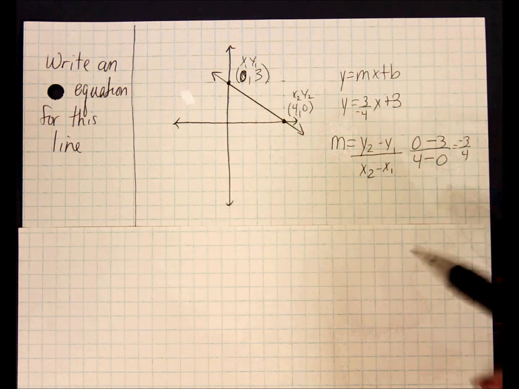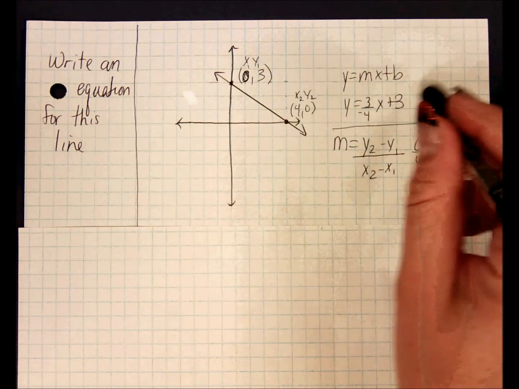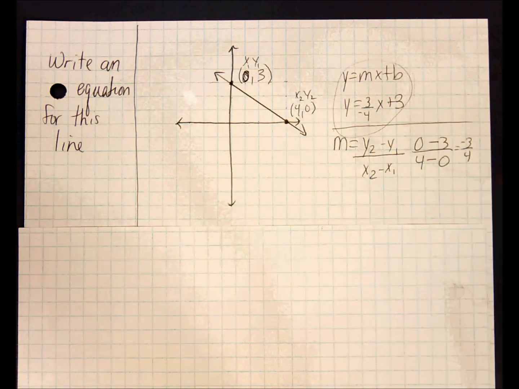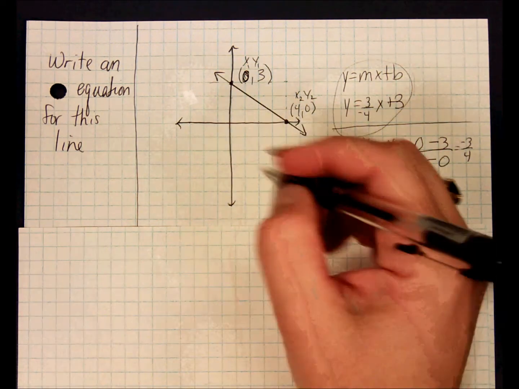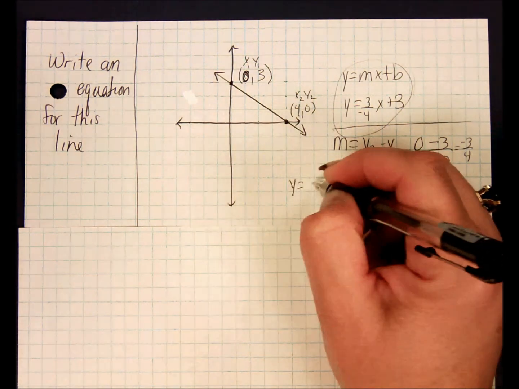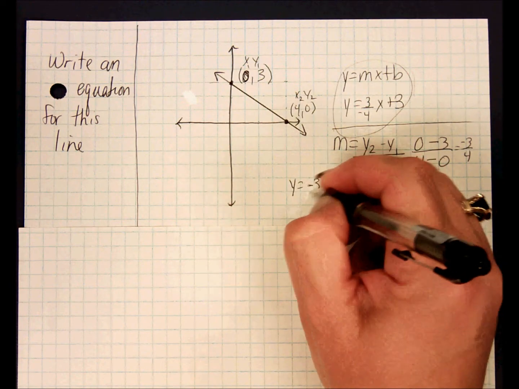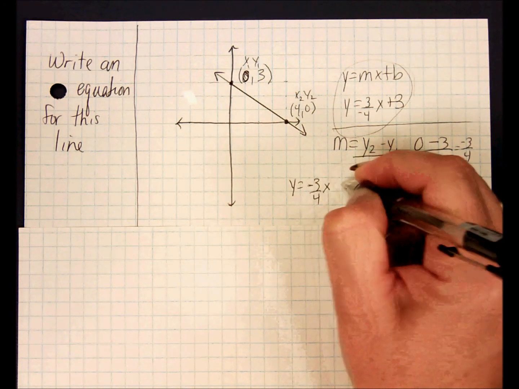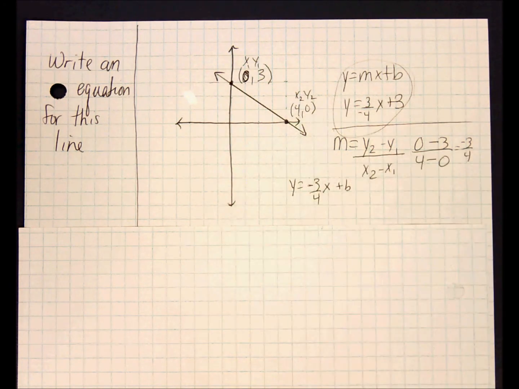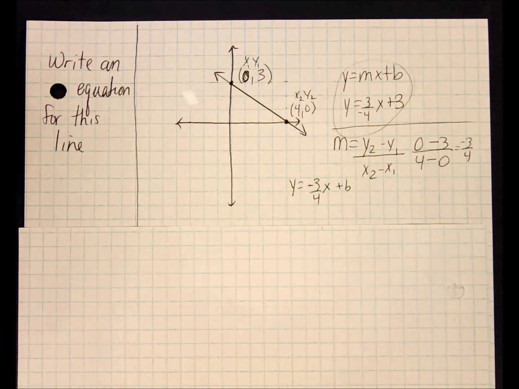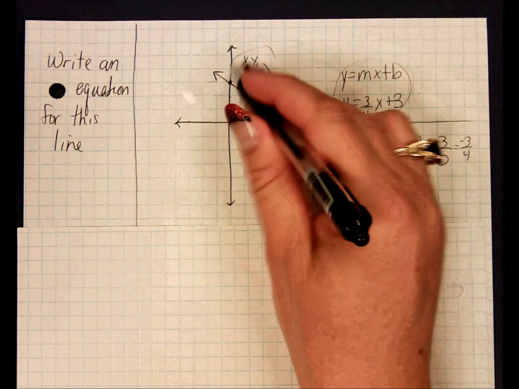So again, the reason that I would do this is if you can't understand this, or you get freaked out in the test, and you're like, I don't know what to do. Well, you have 2 points. Find your slope. So y equals mx plus b. Well, if my m is 3/4 x, I don't know my b. Now to find my b, I have to plug in a number, either one of the two. I'm going to use this one just because.